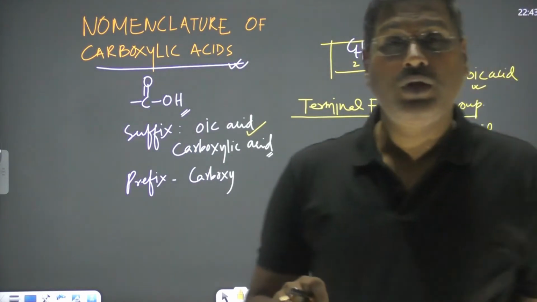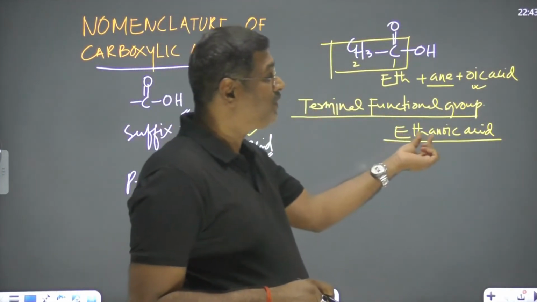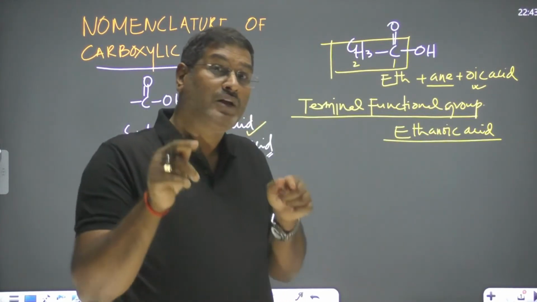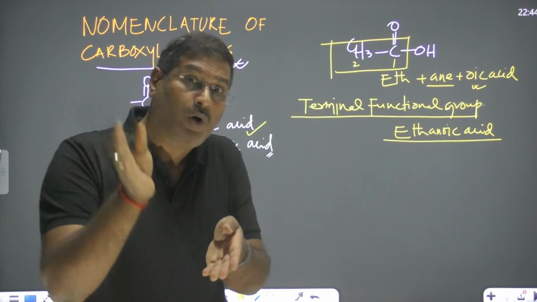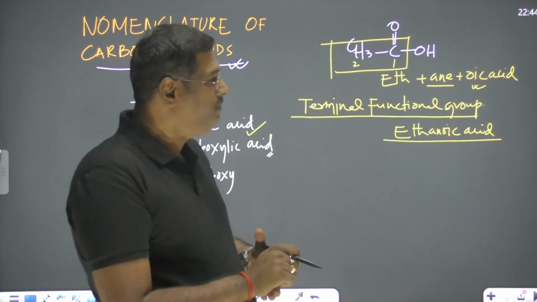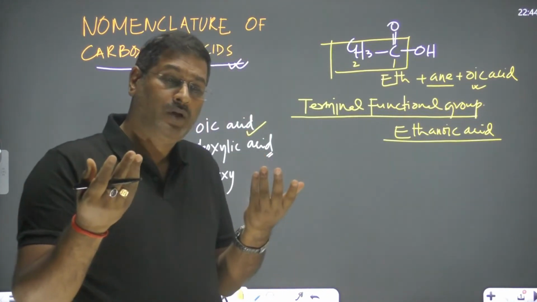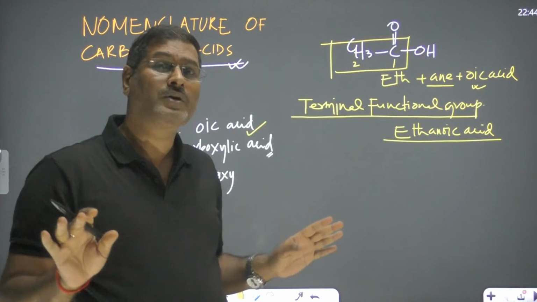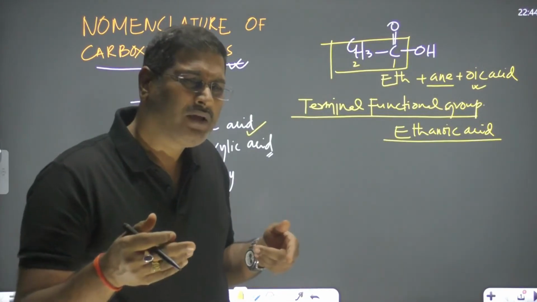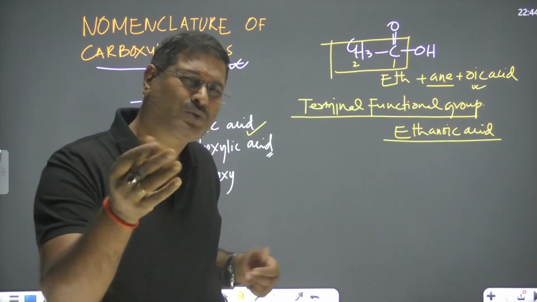So now you are very clear what the meaning of ethanoic acid is. The eth term includes the carbon atom of the COOH also. Many of you who have already done nomenclature might be thinking why this person is insisting on this small point so much.